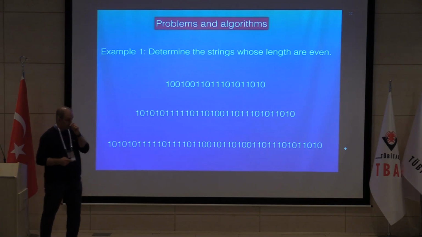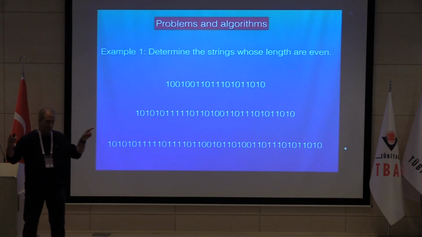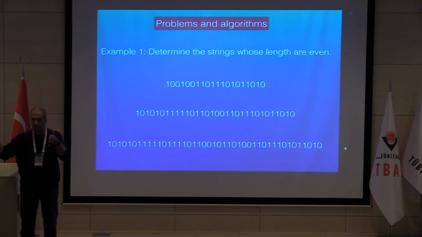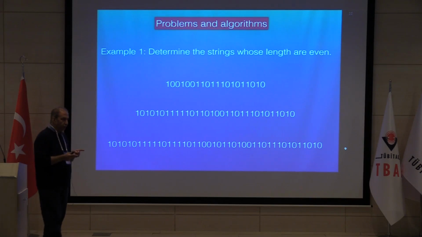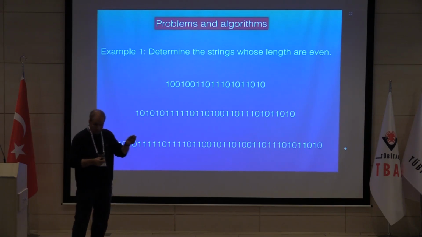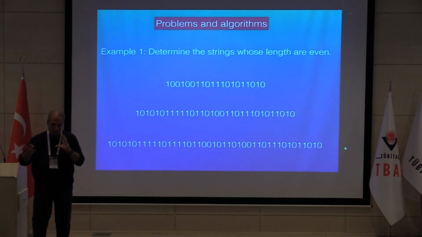Suppose that we want to determine if a string of zeros and ones has an even length. Even length means, for example, the length is 4 or 1,000 or 10,000 and so on. For small numbers, we can count by our eyes. But for large strings, we need an algorithm.